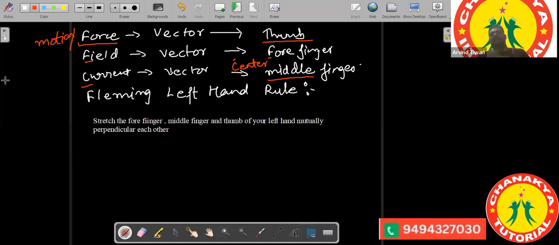If the three fingers are mutually perpendicular to each other, what will happen in that case? Try to arrange one finger first. Out of the given two quantities, let us say you know field and current. If you know the direction of field and current, arrange the current first and then arrange the field.